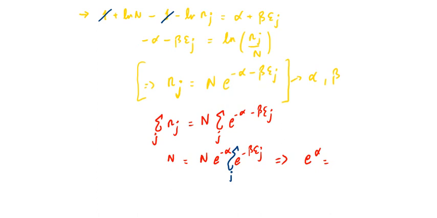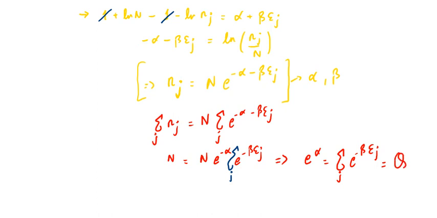What I get finally is that e to the alpha is the summation over j of e to the power minus beta epsilon_j. This is called a partition function, and I represent it by q.